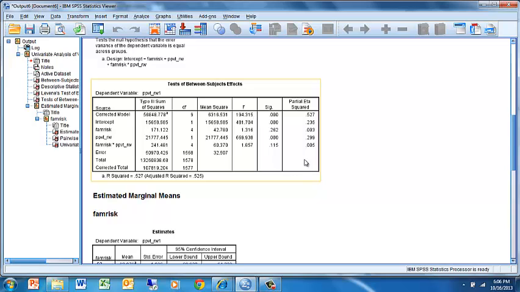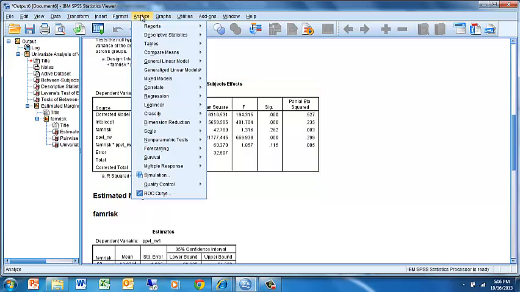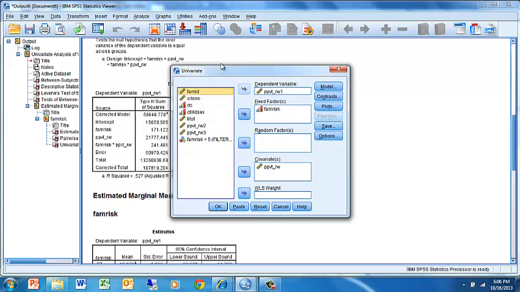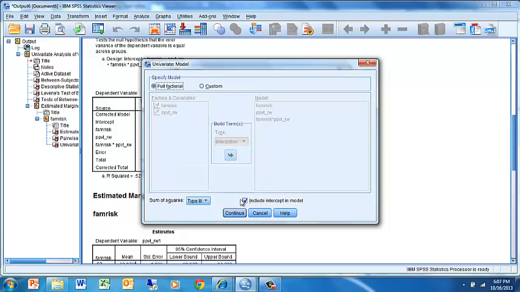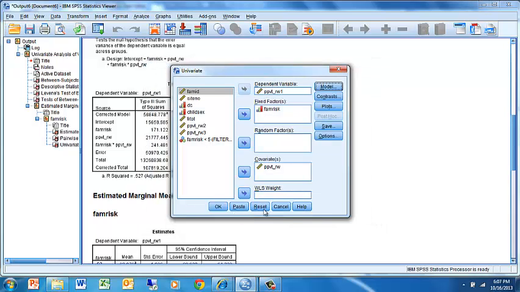Once we have established the appropriateness of the homogeneity of regression assumption, we can then go to Analyze, General Linear Model again, and we're essentially going to run the exact same setup that we ran to test homogeneity of regression, but instead of using the custom model that we had just run, we're going to run full factorial. It still has type 3 sums of squares, and we click Continue.